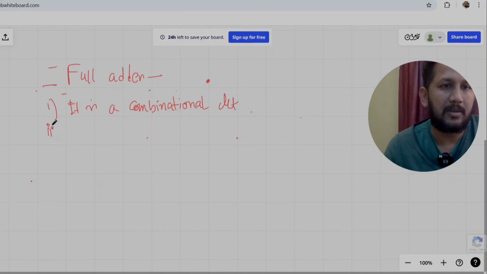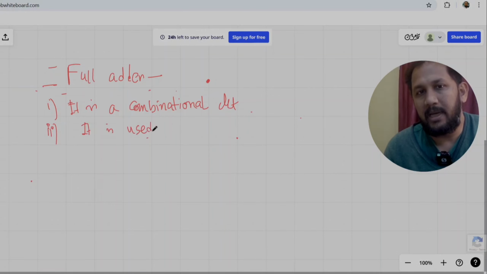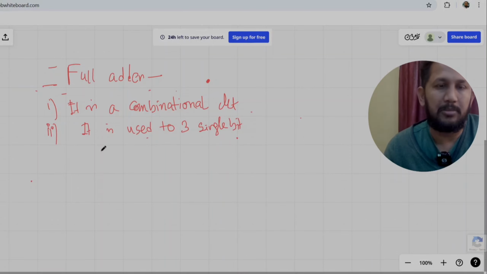Second point, it is used to add three single bit binary numbers.